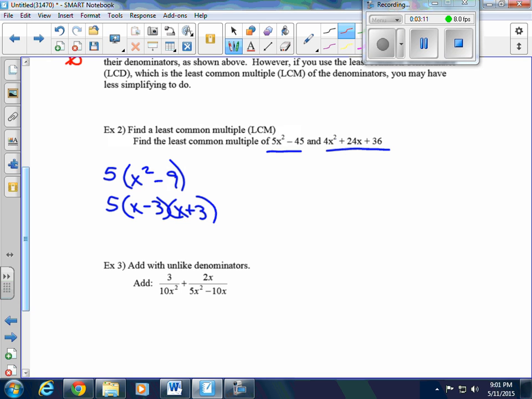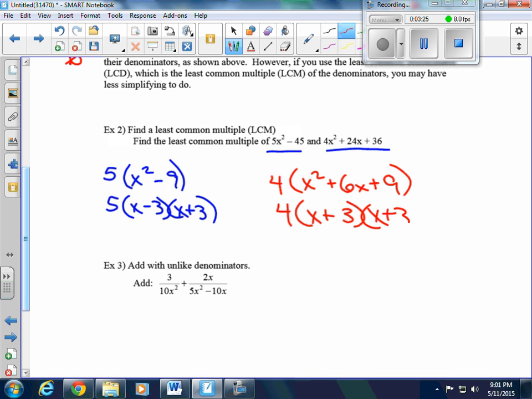If we factor the second one, we can take a 4 out of that. So we're going to have 4 times x squared plus 6x plus 9. And this is going to factor to x plus 3 and x plus 3. And so now I have these both factored completely.